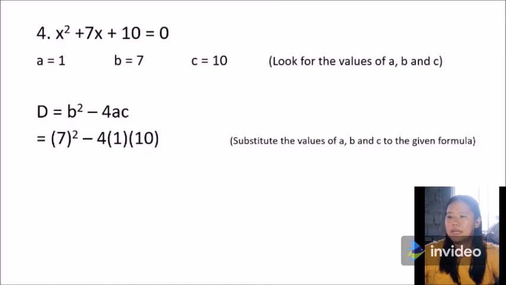So, we have now 7 raised to 2 minus 4 times 1 times 10. So, we have 7 raised to 2 is 49 minus 4 times 1 times 10, that is 40. So, we have 49 minus 40, and that is equal to 9. So, our discriminant is equal to 9.